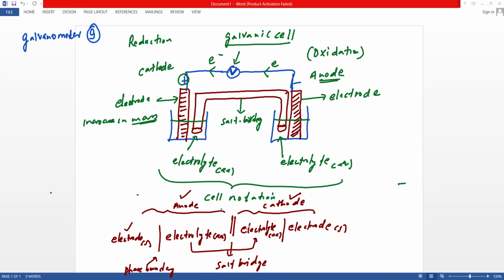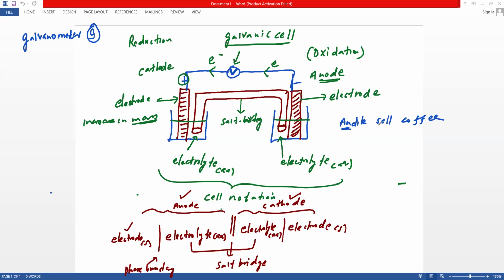And what's the best way of remembering this? You can remember this cell notation by using this system, which I used to say: Andile, cell, coffee.